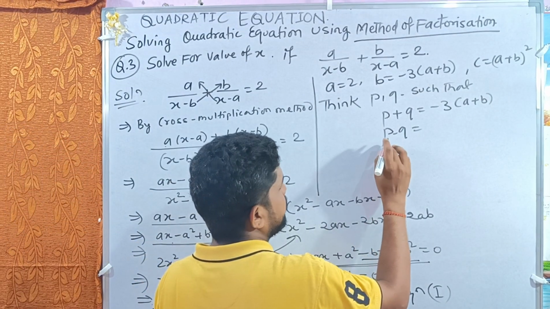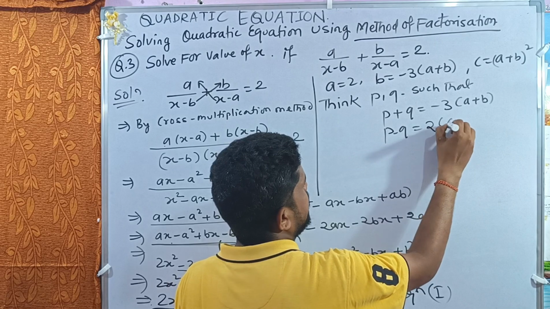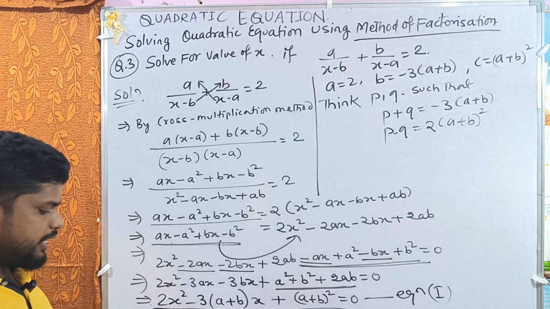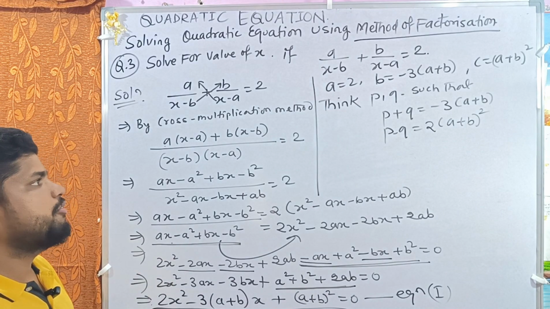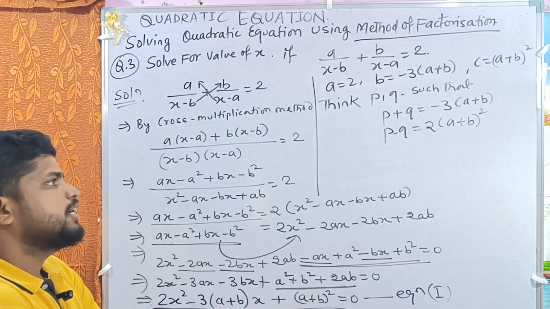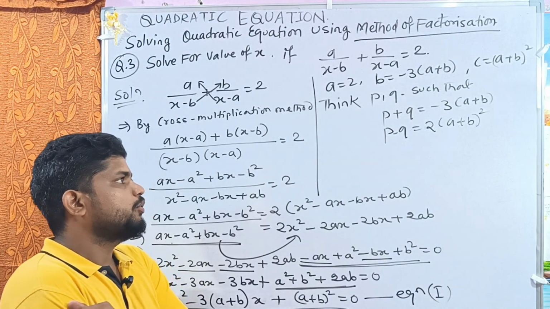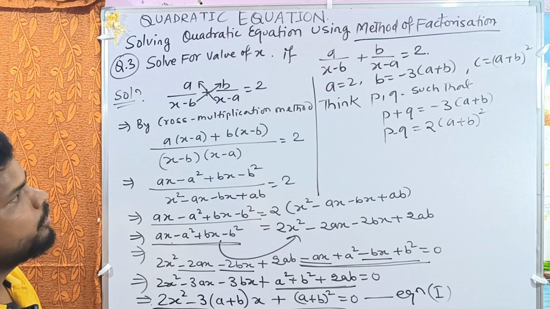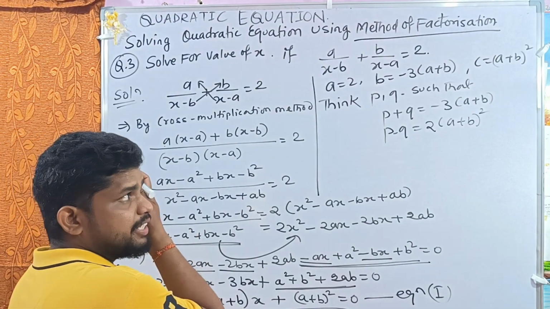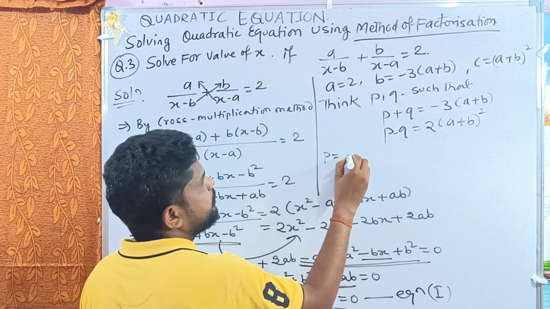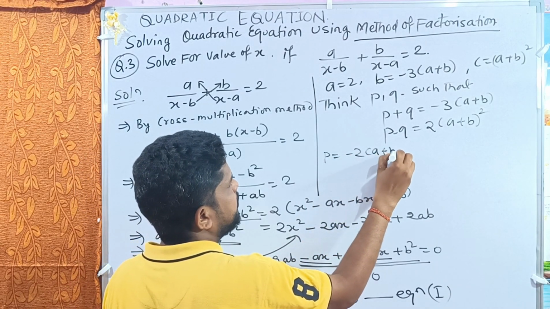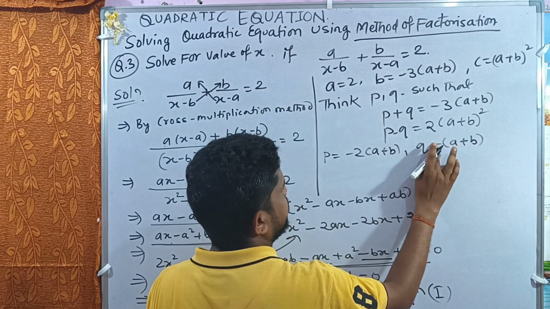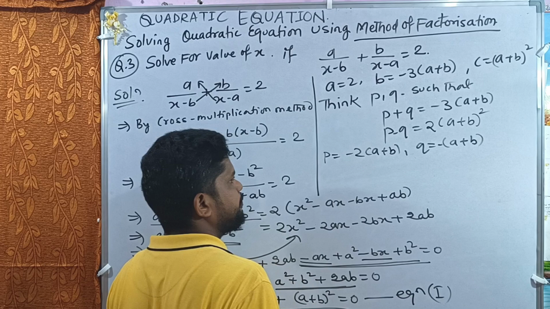So the product of p and q should be twice of (a plus b) whole square. Here, if I take the value of p equals minus 2(a plus b) and the value of q equals minus (a plus b).